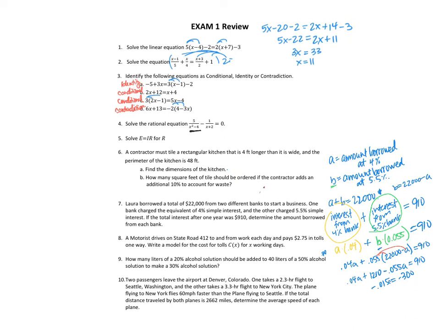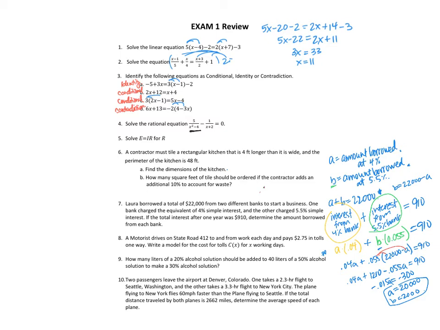Oh, sorry, there's an A there. And then I can divide, and I get that A is equal to 20,000, which means that B is 2,000. So those are my amounts borrowed at the different accounts. A was the amount borrowed at 4%, and B was the amount borrowed at 5.5%.